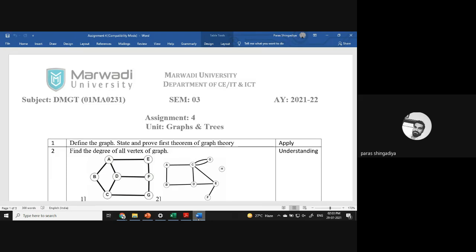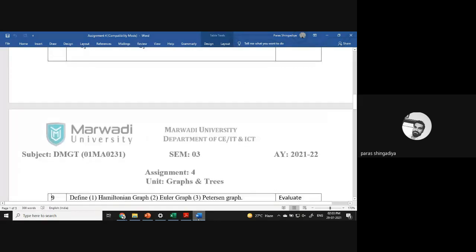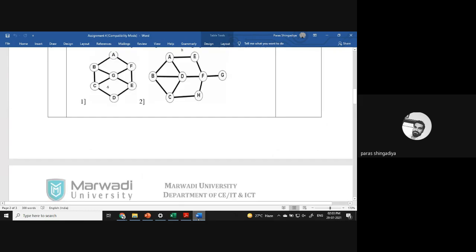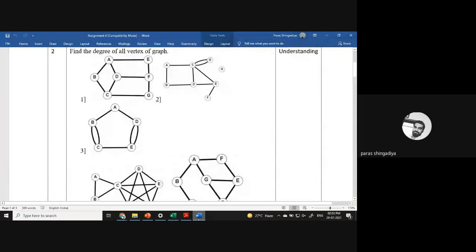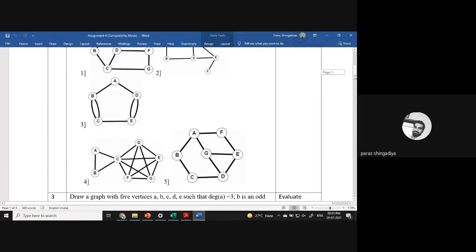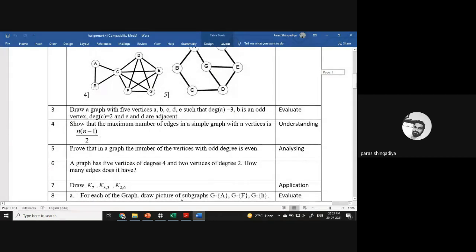How many examples had we discussed in assignment number 4 in the last lecture? Up to how many questions? Question number 1, 2, 3, 4, 5.